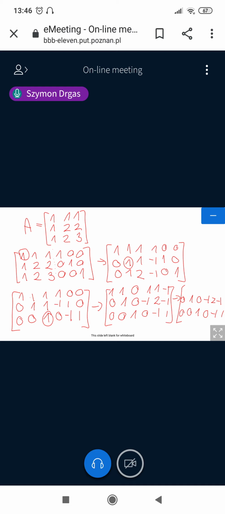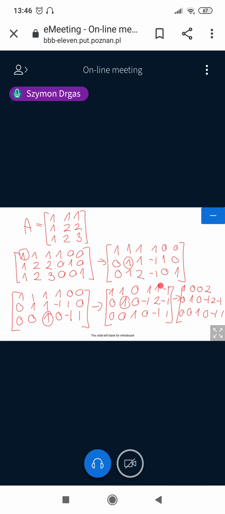Okay. And the first row is just 1, 0, 0, and I am subtracting the second row from the first row. So then we have 1 minus negative 1 is 2.